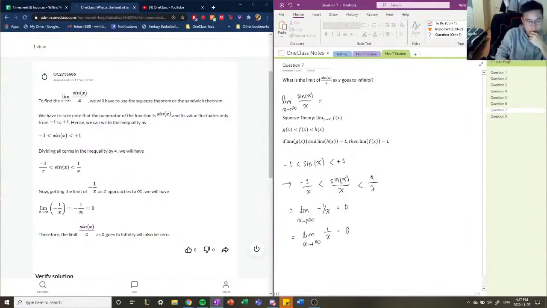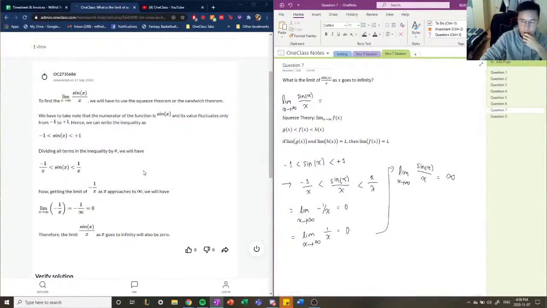So now that we see that the limit of negative 1 over x and 1 over x equals 0, then by the squeeze theorem, we know that the limit as x approaches infinity of sine x over x equals 0. So that's how the sandwich theorem works, or the squeeze theorem. It's actually very useful for any of these sine or cosine functions where they're periodic functions. So yeah, that's how we use the squeeze theorem to solve this limit.